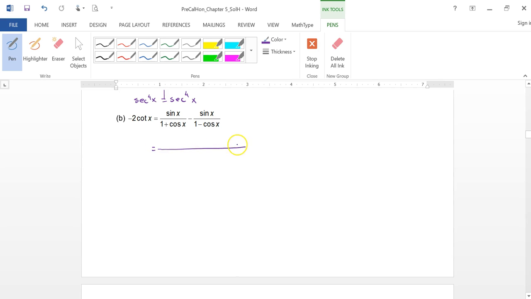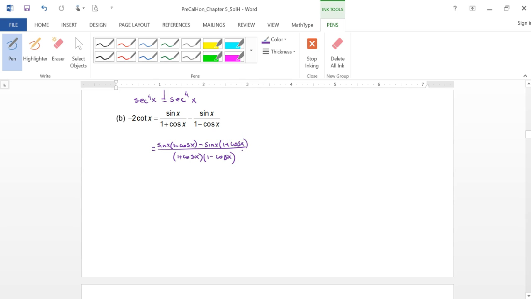So here, this is 1 minus cosine x, or I'll keep the order, 1 plus, 1 minus. Now, the numerator is going to be sine x times 1 minus cosine x minus sine x times 1 plus cosine x.